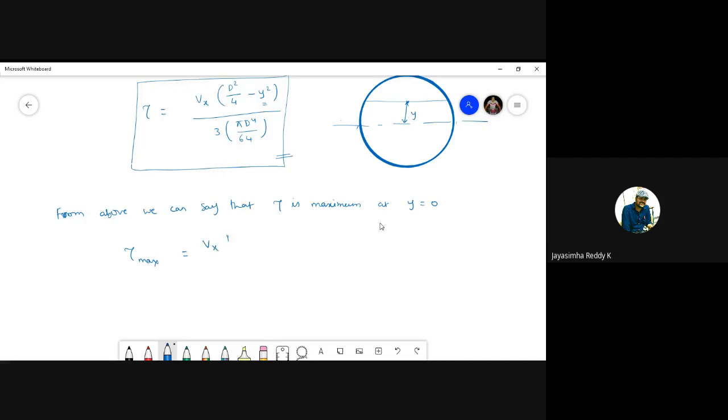Tau max is equal to Vx into d square by 4 by 3 into pi d power 4 by 64. So this can also be rewritten as just 4 by 3 Vx by pi d square by 4. Is it clear, students? I can replace it like this, right? Hope it is okay for everyone.